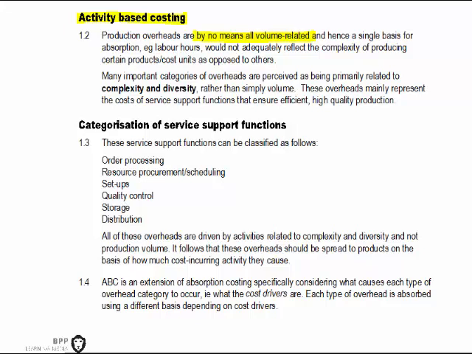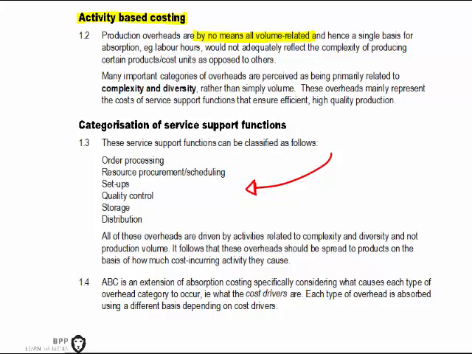Now these can be classified as this list here. So we've got order processing, we've got things to do with resource scheduling and procurement, we've got things to do with setups. So for example, in the modern business environment with a lot more customization and complex products, there's much more need to have many more setups because you've got much smaller volumes of production.